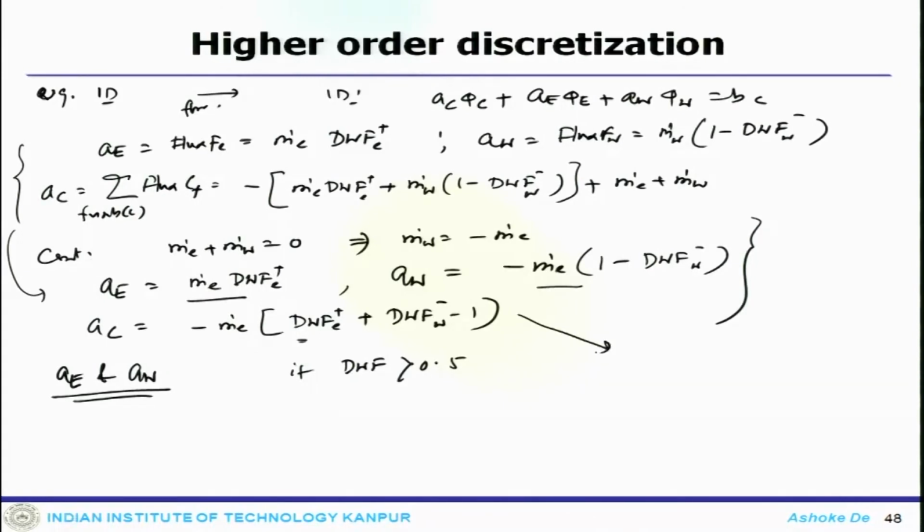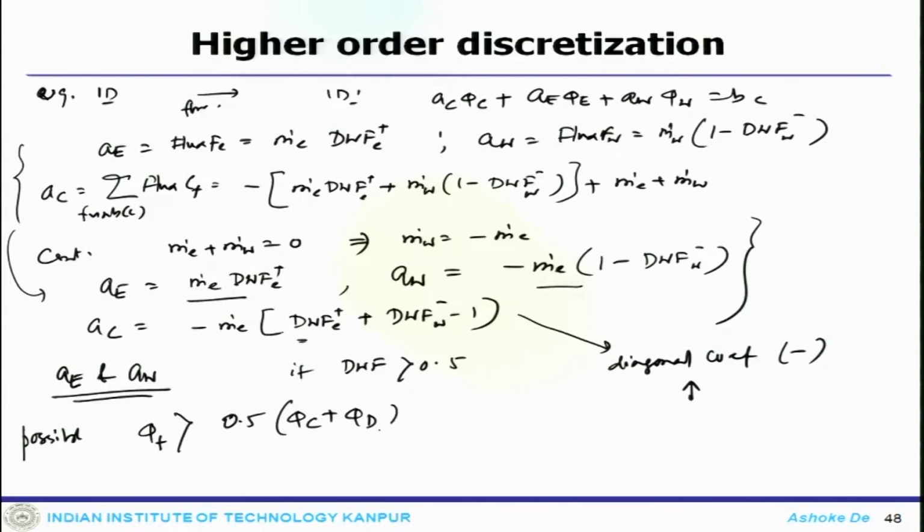So, the diagonal coefficients will be negative in sign, which can be a problem to solve through the iterative process. This is possible when phi f is greater than 0.5 of phi c plus phi d, which is a situation common to all high resolution schemes for phi c greater than 0.5.